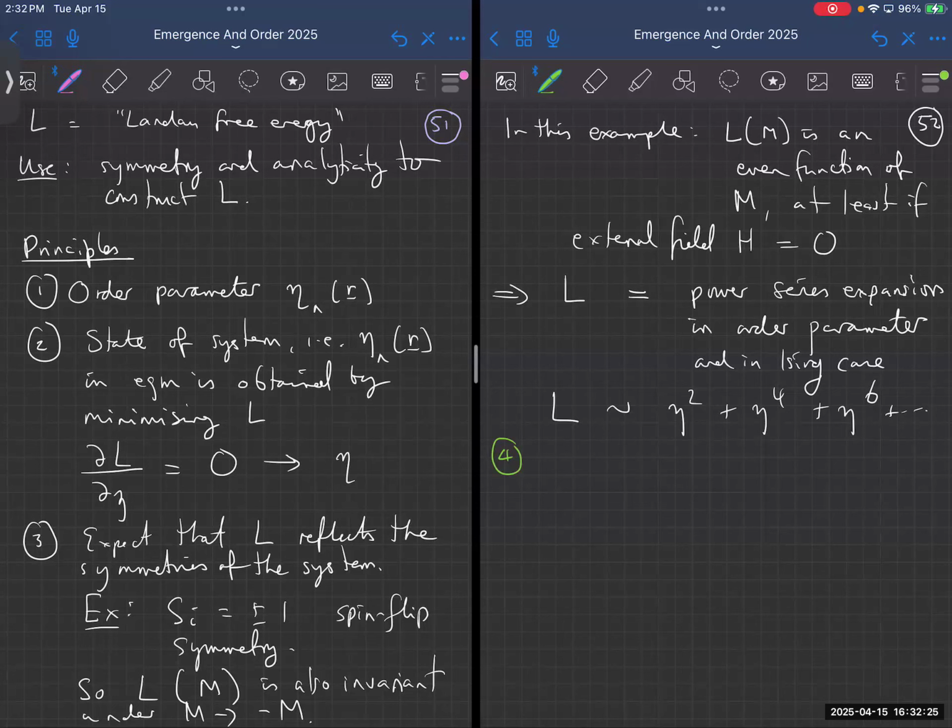Let's first of all suppose that the system is spatially uniform, for simplicity.